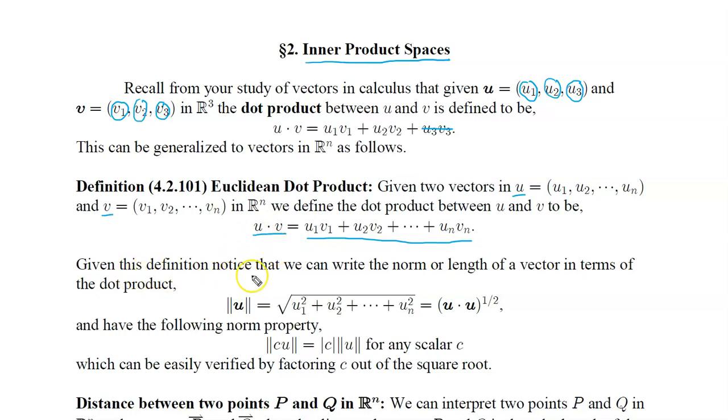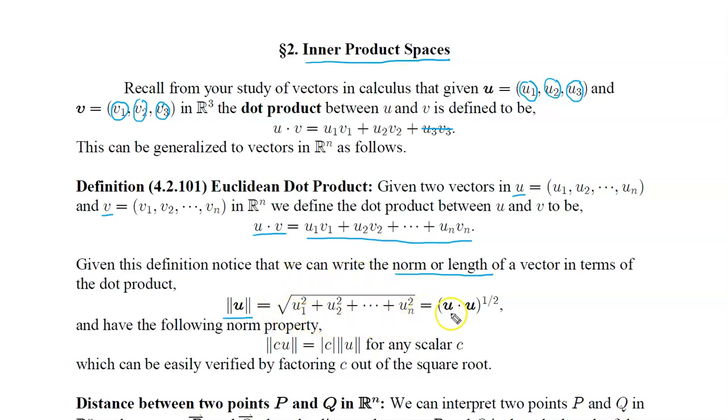Now if we're given this definition, take note of what we have down here. We can write the norm or length of a vector in terms of this dot product. If you recall how we defined the norm of a vector, right here's our norm, we defined it as the square root of u1 squared plus u2 squared plus dot dot dot plus un squared, and we interpreted this as being the length of the vector.